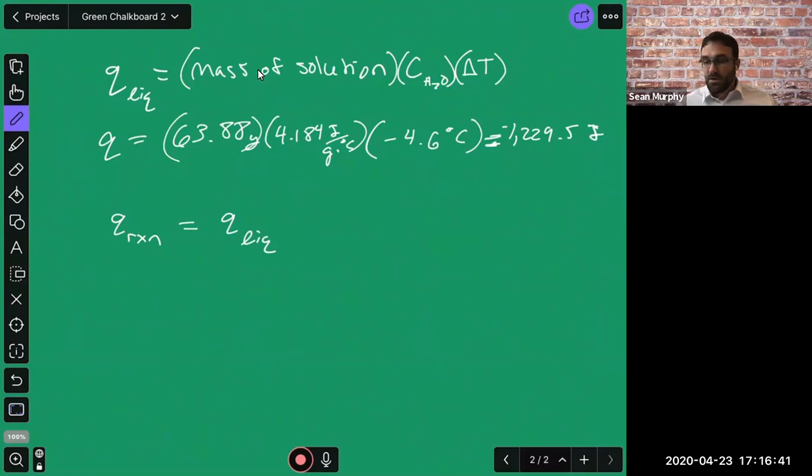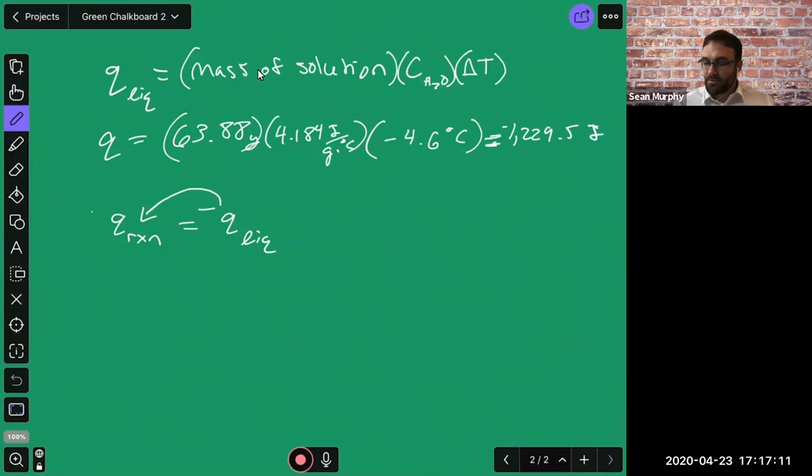So remember that the temperature dropped from the surroundings, the liquid. If the temperature dropped, that means that it was giving its heat away, and the heat was being drawn in by the reaction.